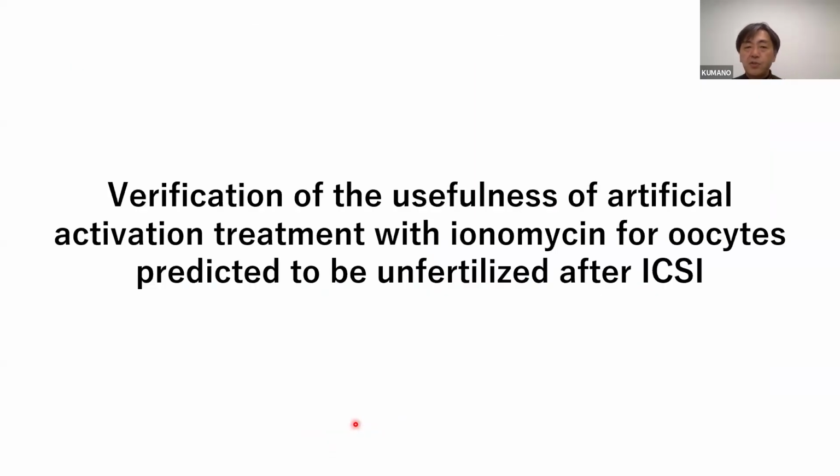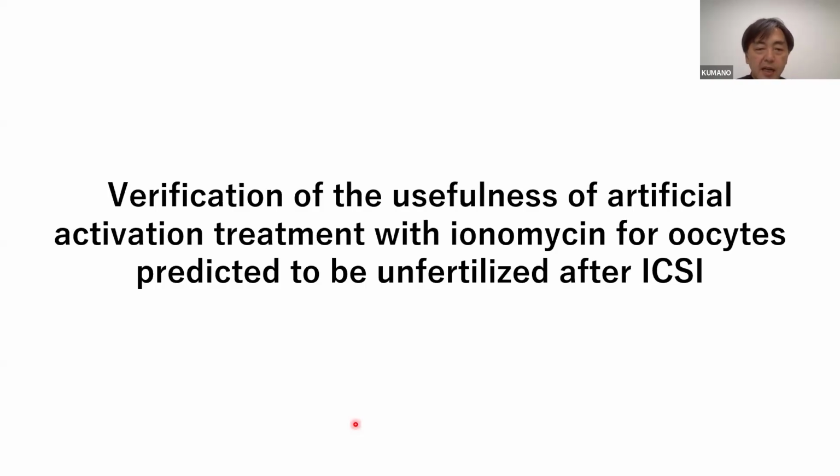Well, now I'd like to show you our clinic's data: verification of the usefulness of artificial activation treatment with ionomycin for oocytes predicted to be unfertilized after ICSI. Namely, about 4 to 6 hours after sperm injection, the second polar body is extruded.